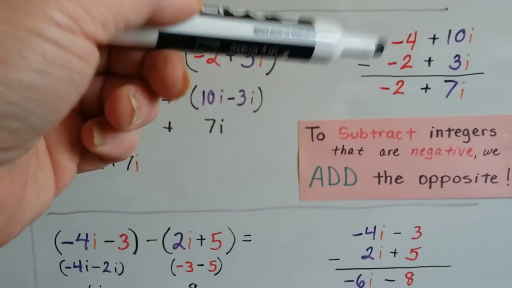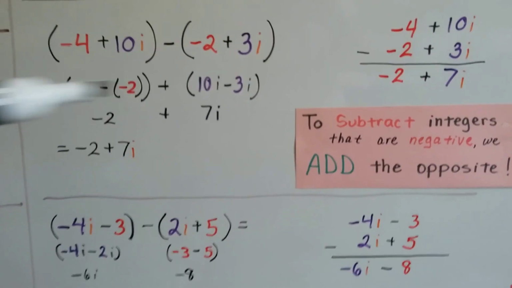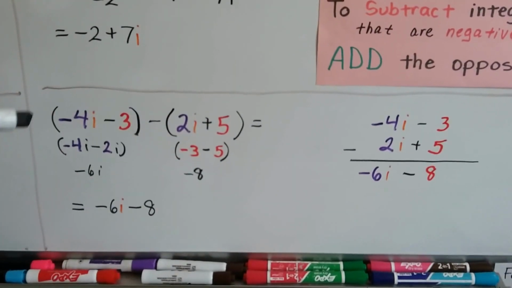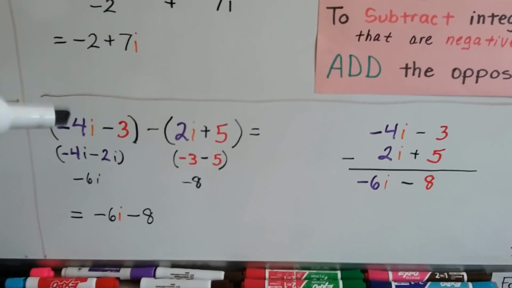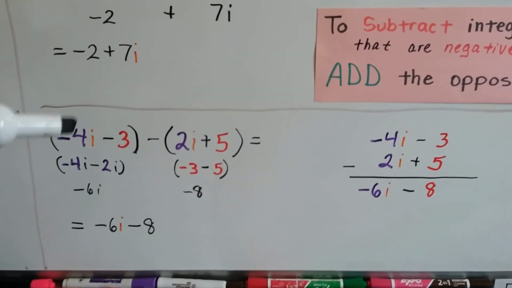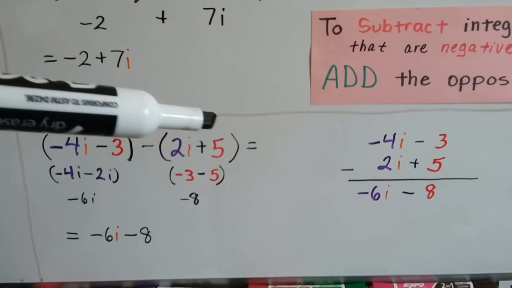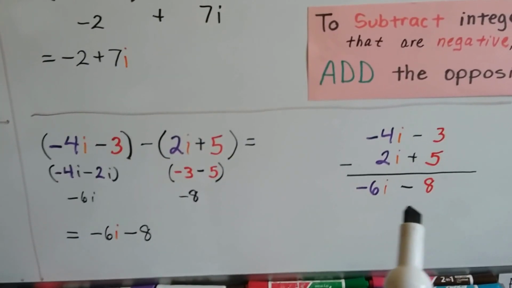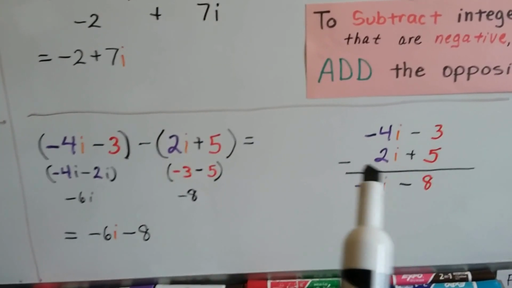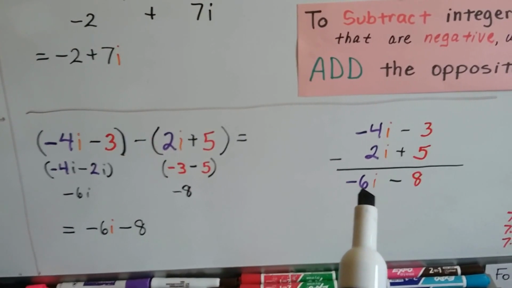This might be easier for you instead of doing it in sentence form. We have -4i. So now we've got the imaginary part in the front, don't we? We have -4i minus 3 minus 2i plus 5. If we stack them, we can see we have -4i minus 2i. That's going to give us -6i.